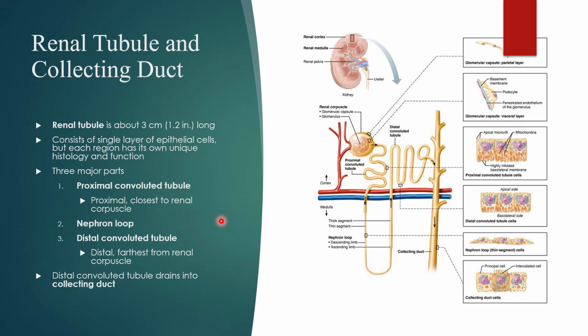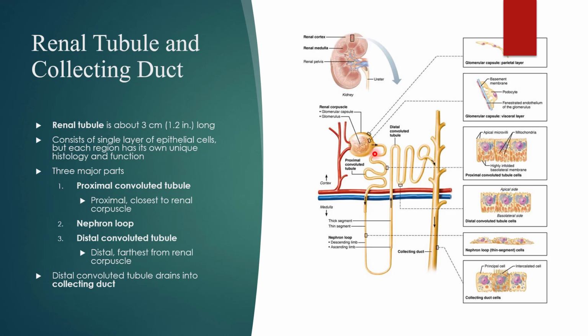But many regions have unique specialized cells. But for the most part, when you look at the kidney cross section, you see nothing really but just simple cuboidal epithelium, one layer of cuboidal epithelium surrounding those little tiny tubules. And they are made up of 3 parts.